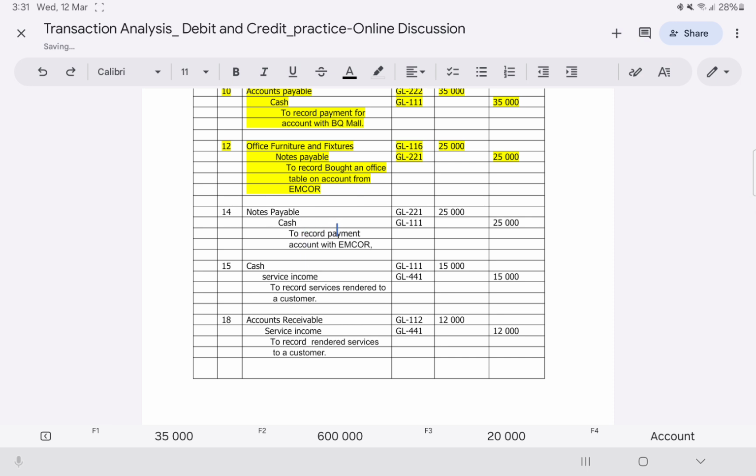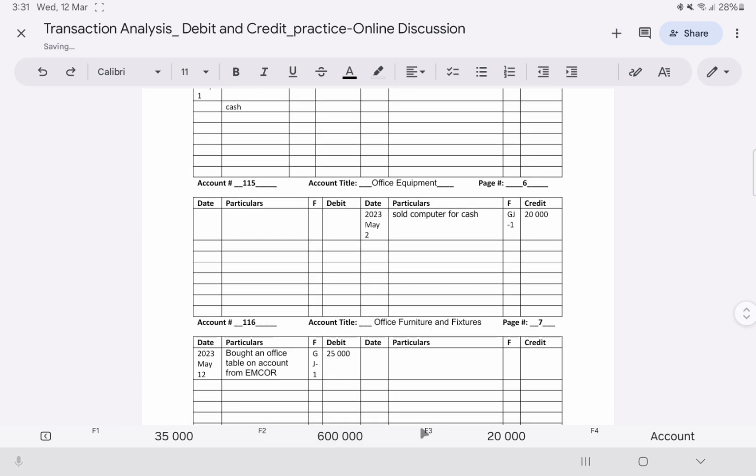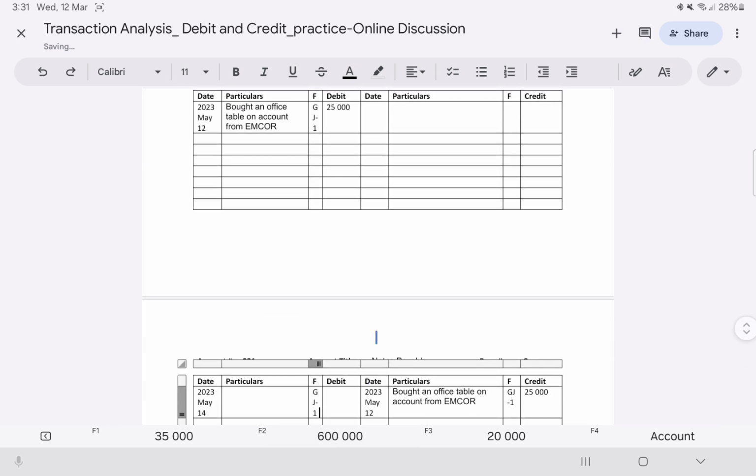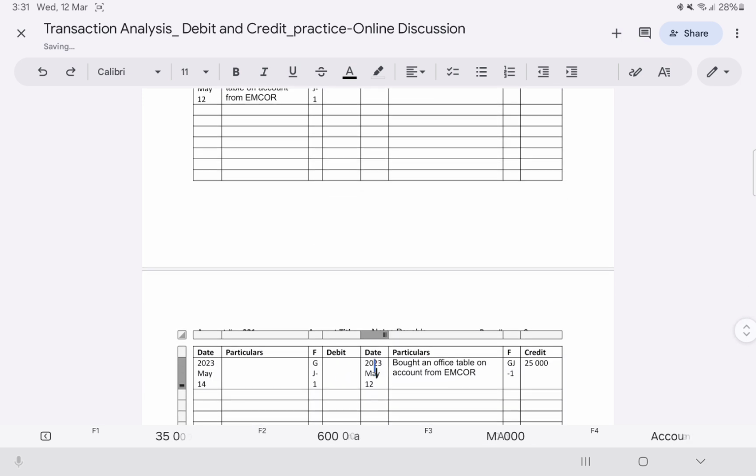Notes payable debit 25,000 on the 14th. Notes payable 25,000 pesos.